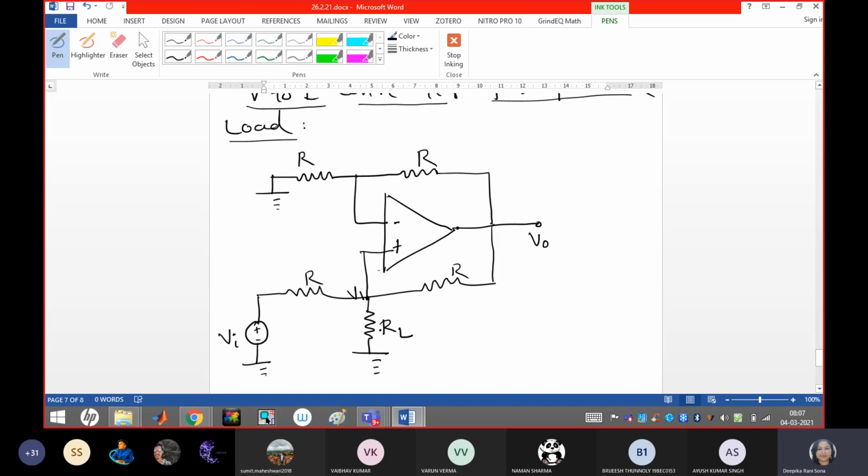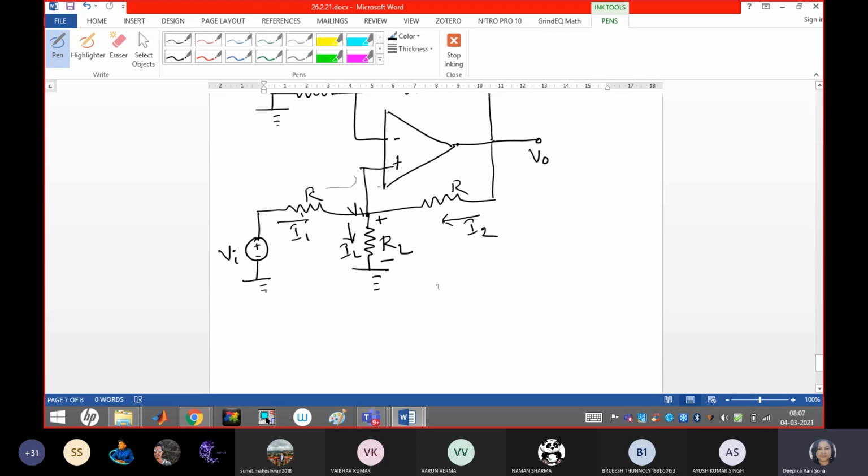RL is connected here, I1 is approaching from this side, and one resistor is connected from V0 to this side. Suppose this current is I2, then IL is in this direction. RL is connected with respect to ground, so the current flows downward through it.